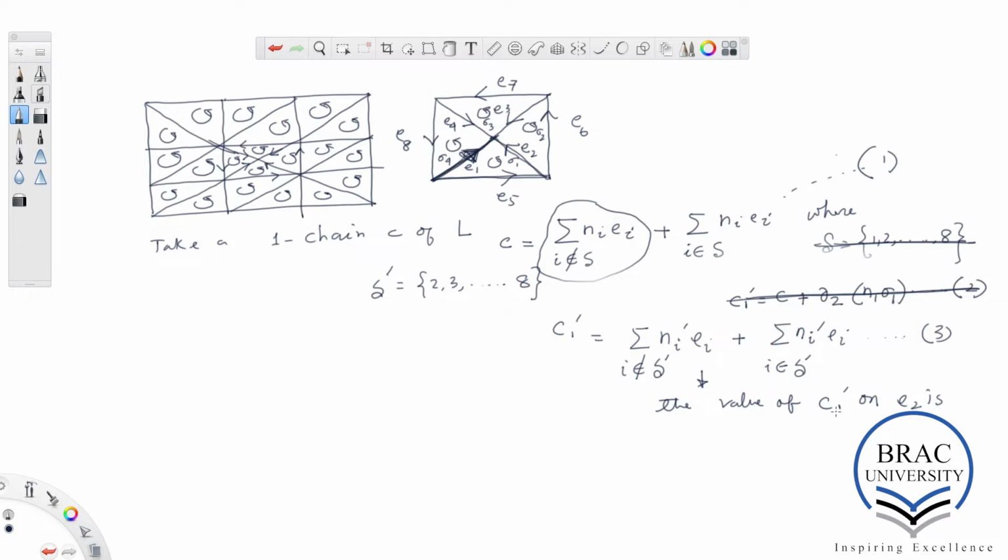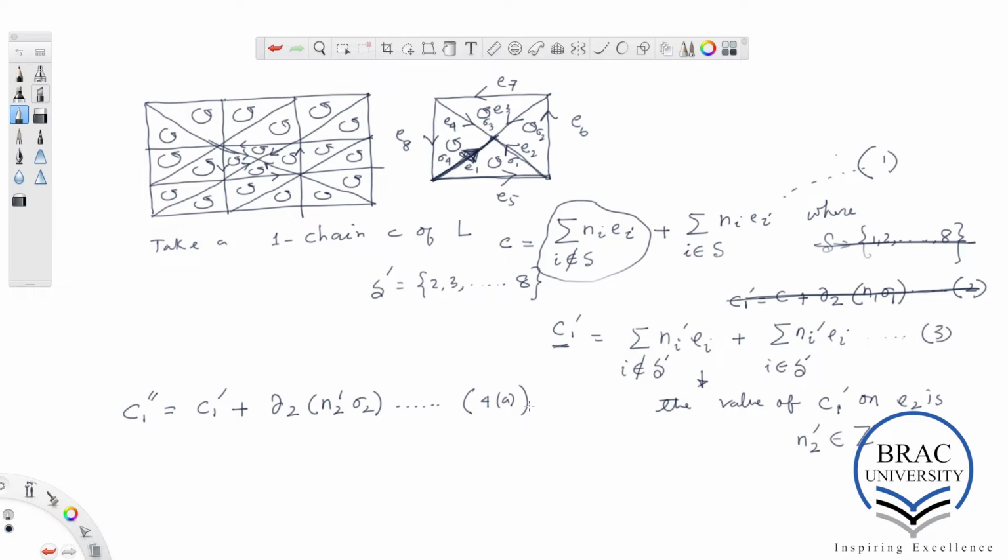So the value of C1 prime on E2 is N2 prime, which is an integer. With the help of this integer value N2 prime, we define another one chain C1 double prime, which is going to be homologous to C1 prime. This one chain is C1 prime plus del 2 N2 prime sigma 2. Okay, I call this equation 4a.